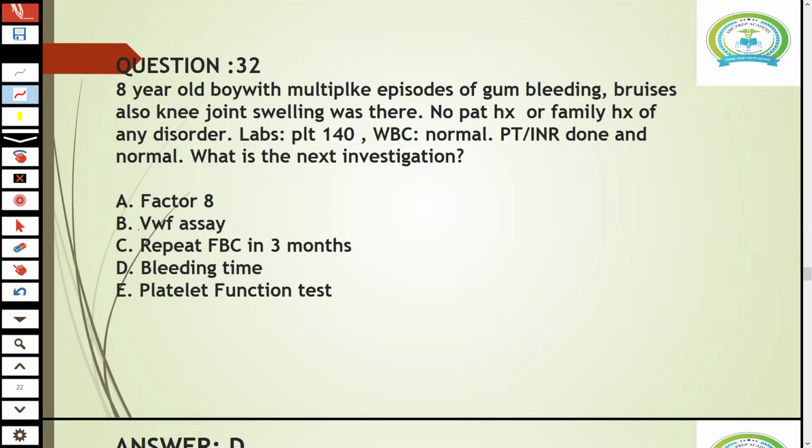What is the next investigation? Factor 8, von Willebrand assay, repeat full blood count in 3 months, bleeding time, or platelet function? First of all, tell me what is your diagnosis there? Can be.